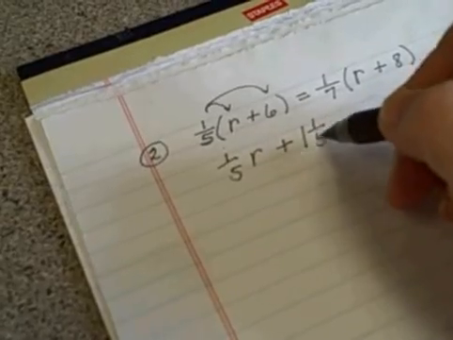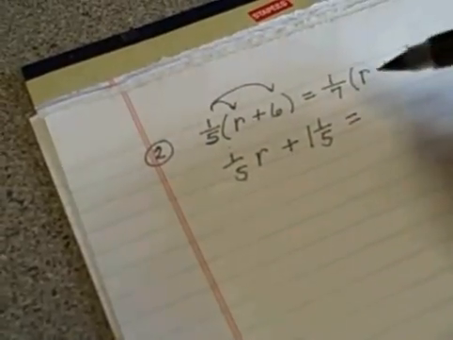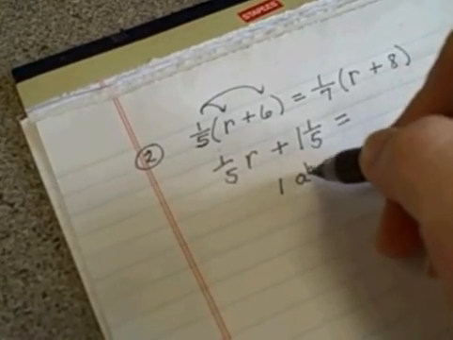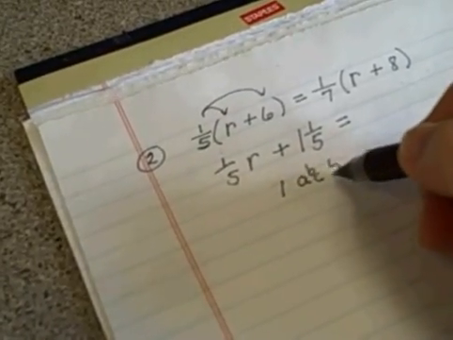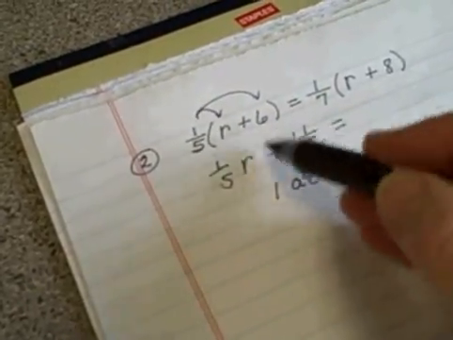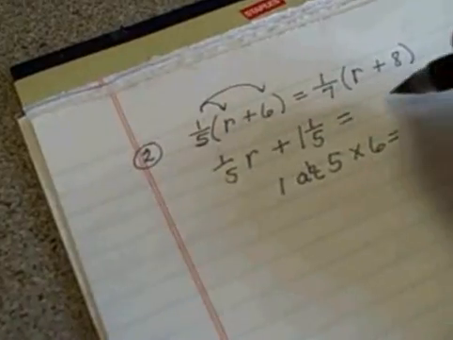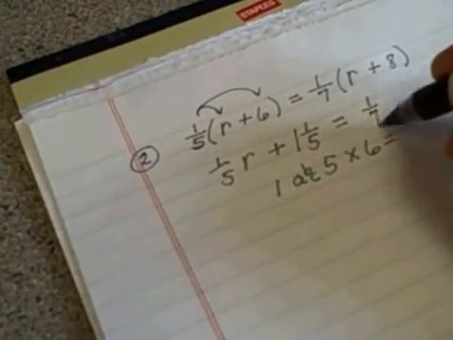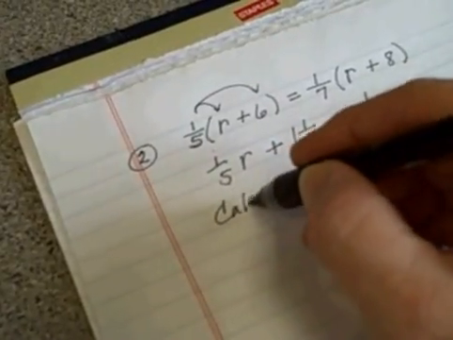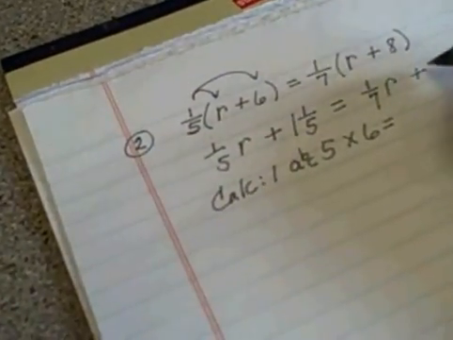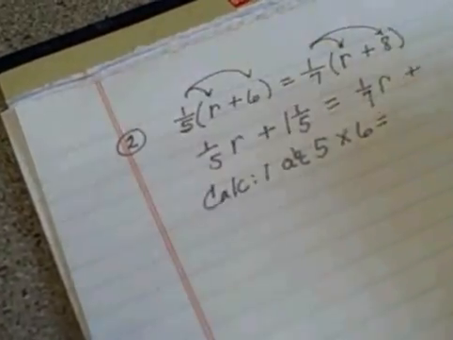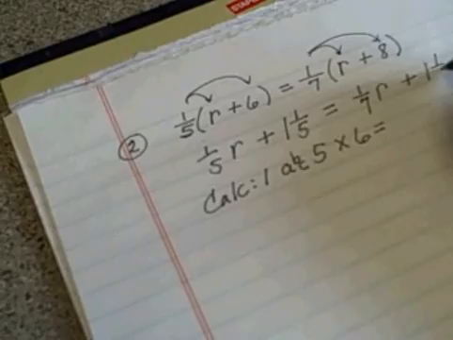On the calculator, it will give you 1 1/5. So you do 1, use your fraction key, 5, and then times 6 equals. And that will give you that result of 1 1/5. Over here you do 1/7 r plus 1/7 times 8, which gives you 1 1/7.